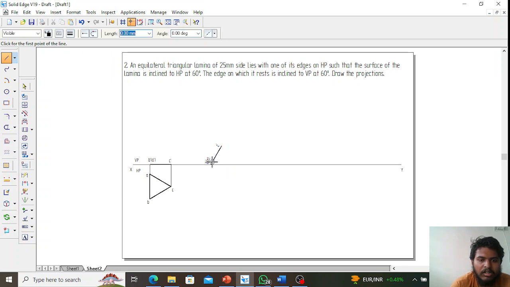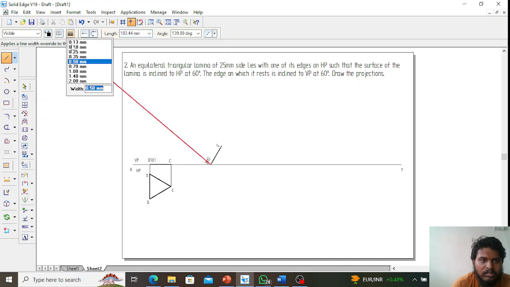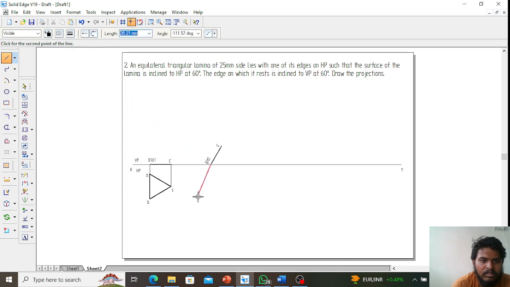Now I will draw projections downward. This 0.13 mm. This one from here to this. Okay.